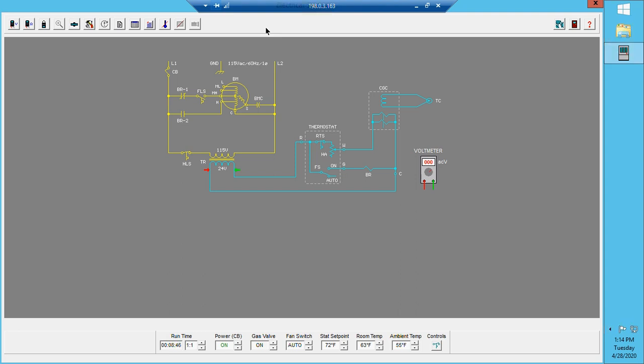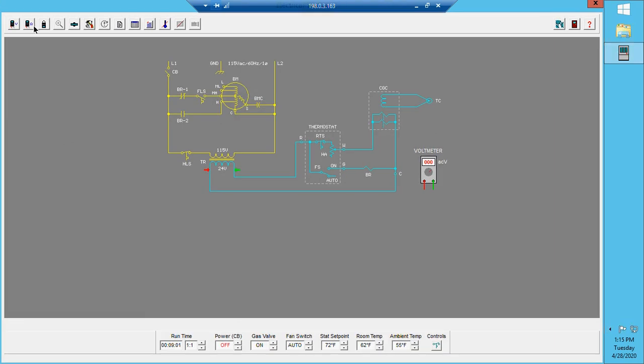There's no longer a path from point A to point B. I'm not completing a path. Anytime we do a resistance reading on any sort of load, we need to make sure that we shut the power off. If we do not do that, we will damage our meters in real life.